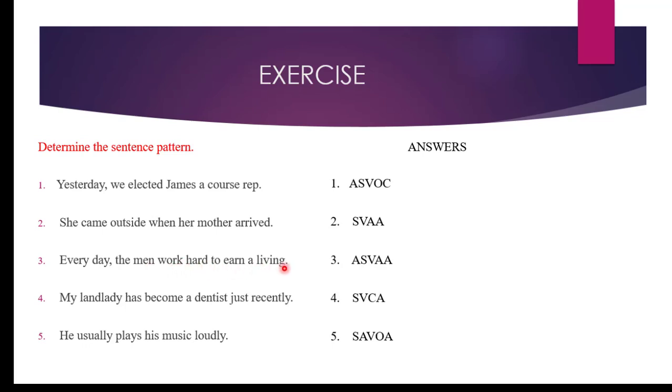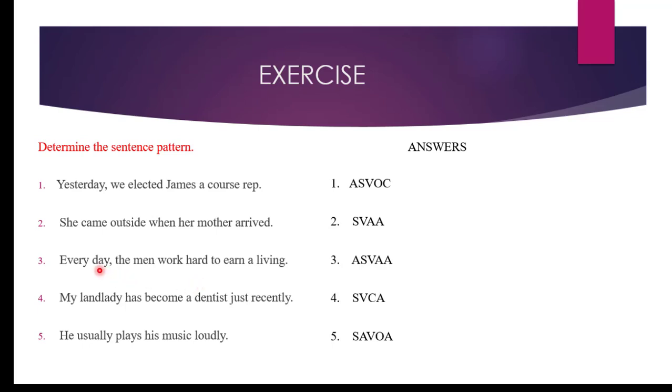The third one, "every day the men work hard to earn a living." What is the sentence pattern? It is ASVAA. Why is it so? Every day gives us information about how frequent or time of the occurrence. The men becomes our subject, so we have AS. Work becomes our verb because it is the action. How do they work? Hard. So this is an adverb of manner, our A, which is our adjunct.